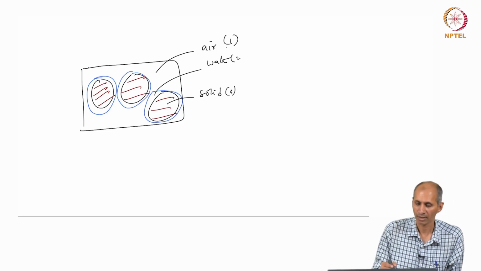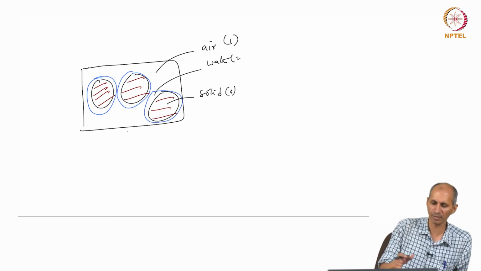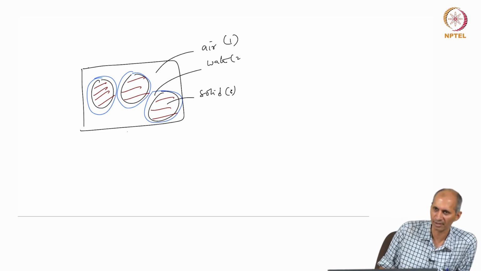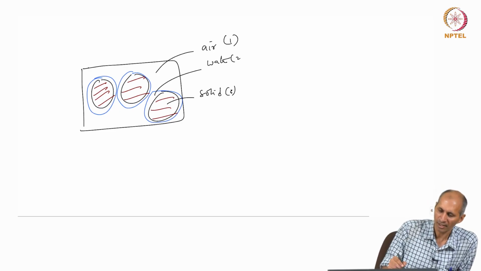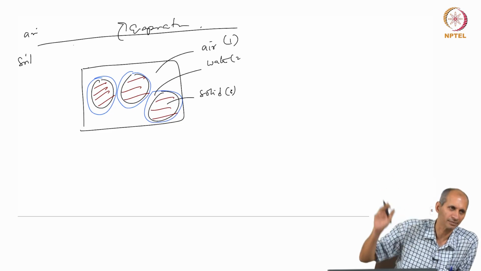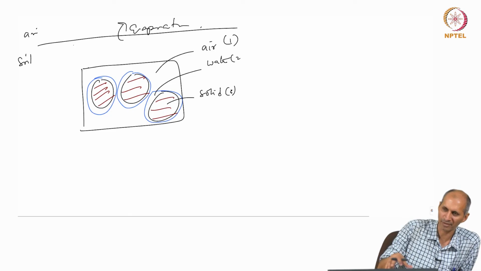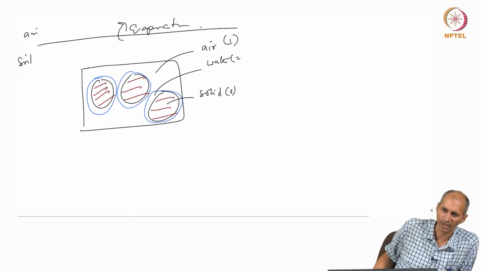So this entire volume is filled with these 3 phases. Now we have to distribute the chemical among these 3 phases, that is the mass balance to be written. No evaporation means somewhere far away there is a soil air interface. I am not assuming this evaporation, which in real cases is always happening continuously, there is no equilibrium. But for the purposes of this problem, we are trying to look at this. Okay.